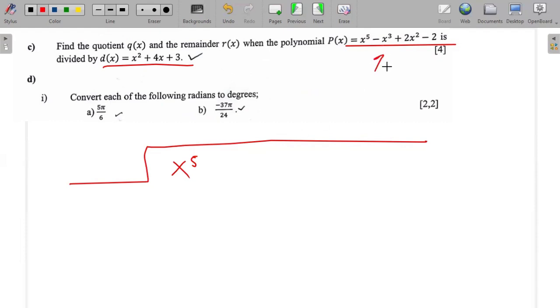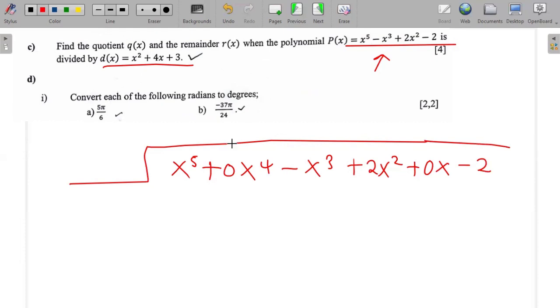But in this equation, I do not have x power 4, so I have to put a place holder for x power 4. So I'm going to write plus 0x power 4, and then minus x to the power 3, and then plus 2x squared. From the 2x squared, I need to go to x power 1, but I can't see any x power 1. So I write plus 0x, and then minus 2, like this.